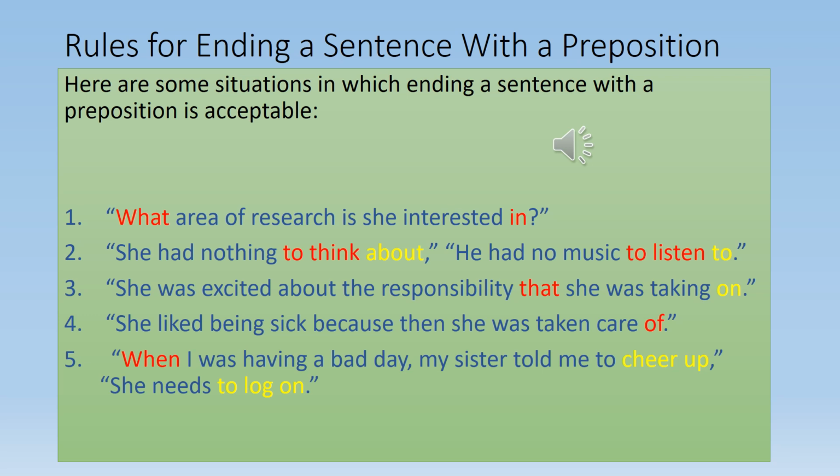Look at the sentence. She liked being sick because then she was taken care of. This is a passive structure, where the subject of a sentence is being acted upon by the verb rather than doing the verb's action. Clear?